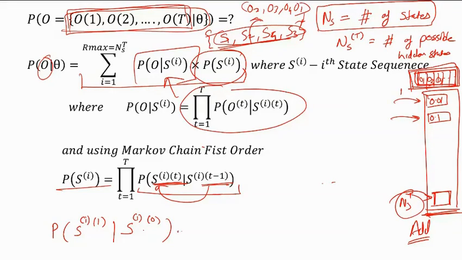This will be multiplied by the probability of Si, the ith sequence, at the second time step given Si at the first time step. Like that you will keep on multiplying till you reach the last time step.